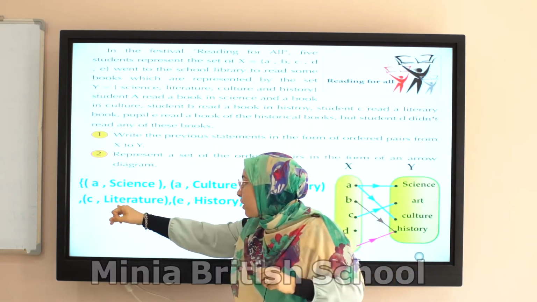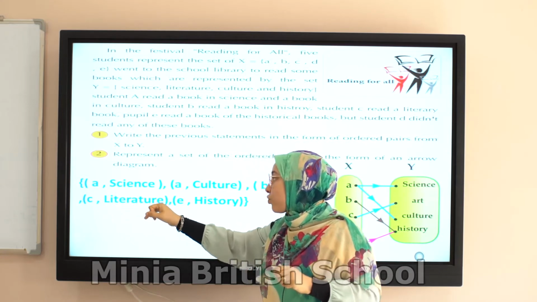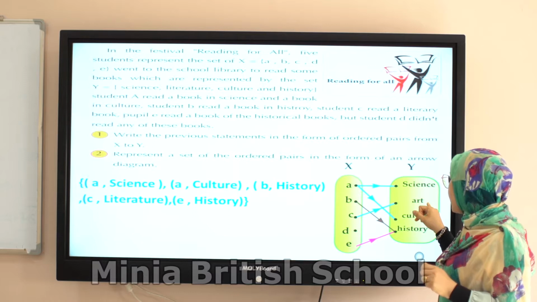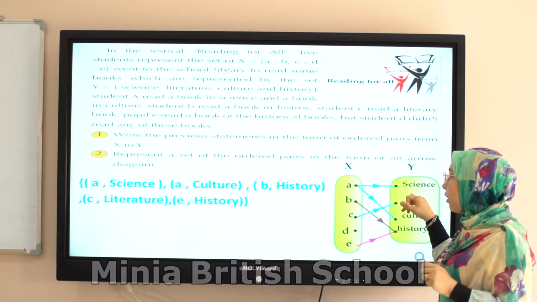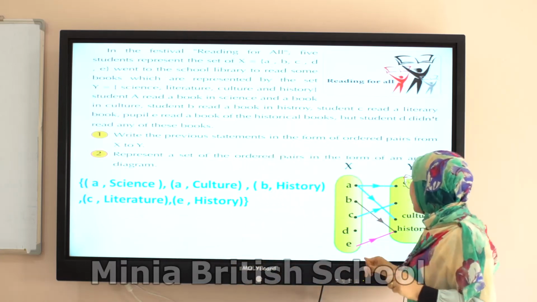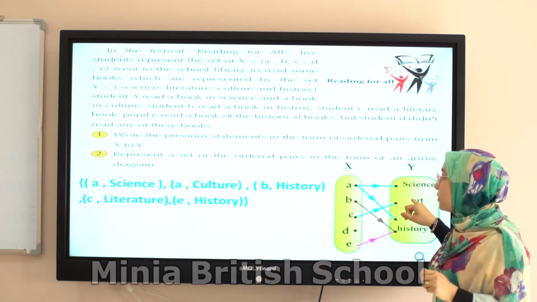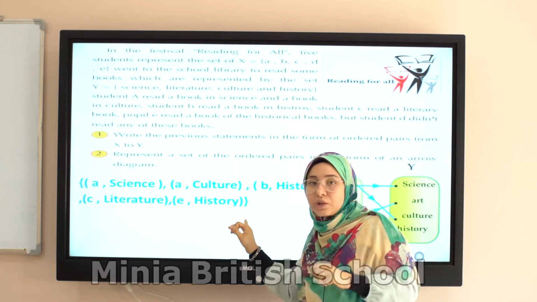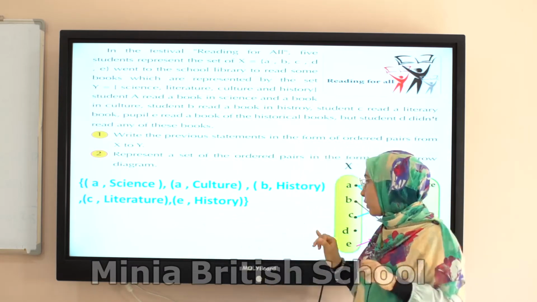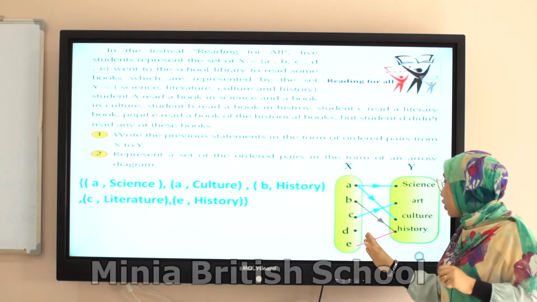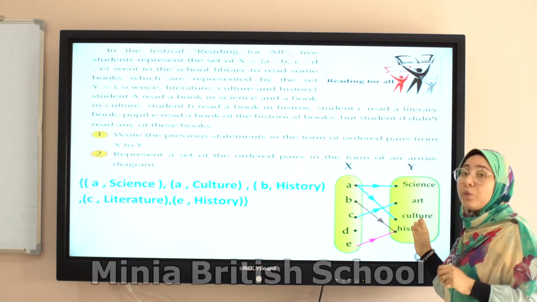C here and literature. I write it in the simplest form. Art here means literature. So C with literature. And E and history, the ordered pair E and history, so I will draw an arrow from E to history.